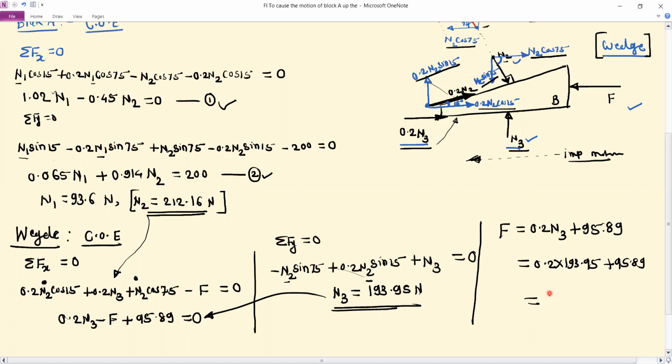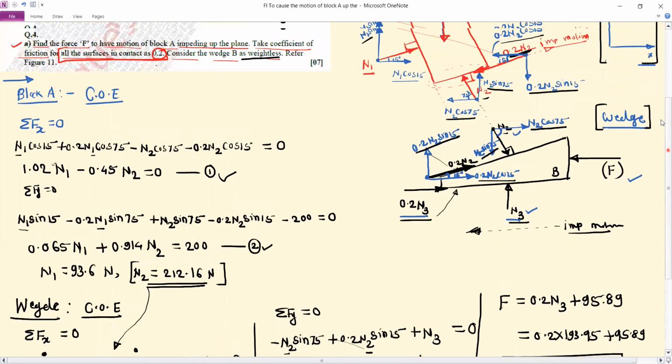So finally, you will get the answer as 134.68 Newton. Okay, so this is the required value of the force F on the wedge B, so that the impending motion for the block will be in the upward direction.